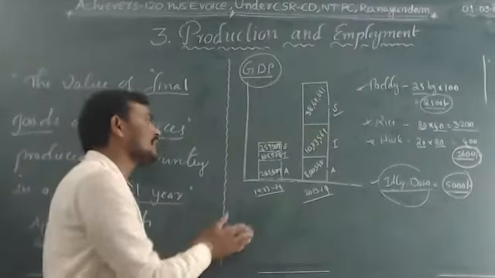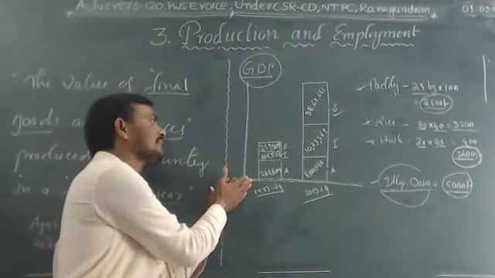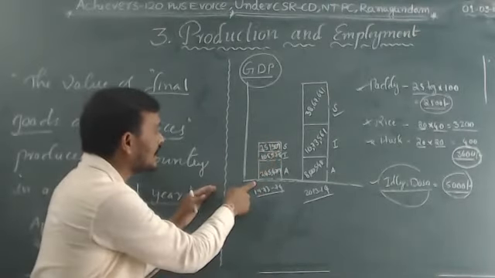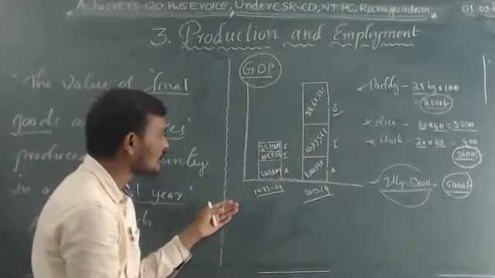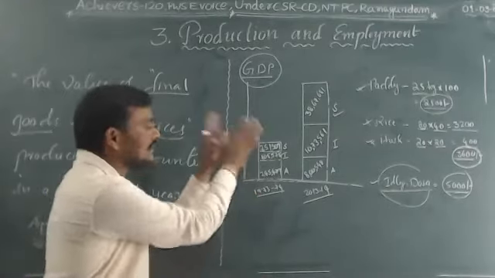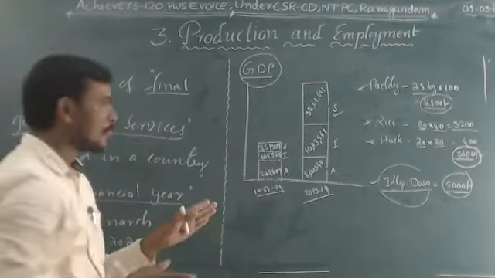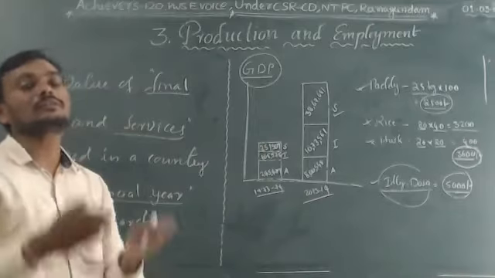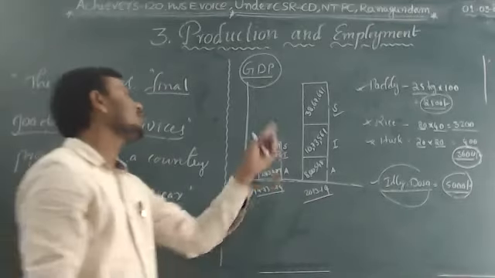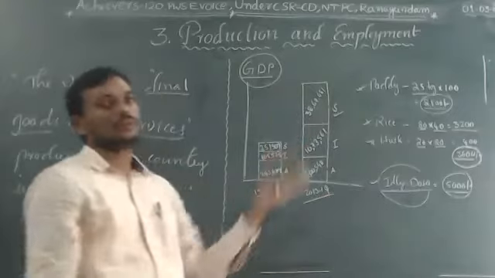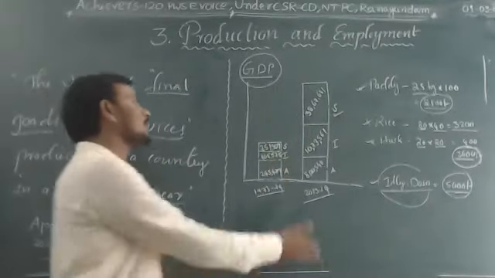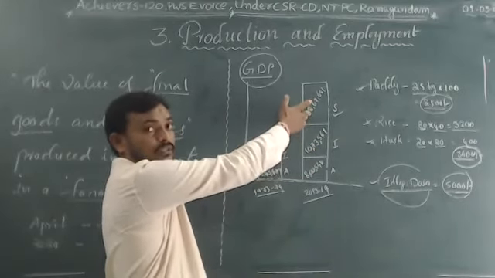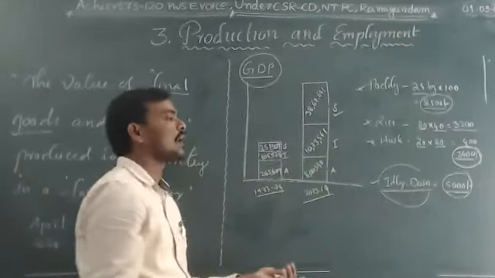Agriculture is obviously the largest producing sector, because it has produced more than the other two sectors. But when we come to 2013-14, which is the largest producing sector? Obviously the service sector, because here it is 8 lakh, 10 lakh, but here 38 lakh crore. So obviously your answer is the service sector.